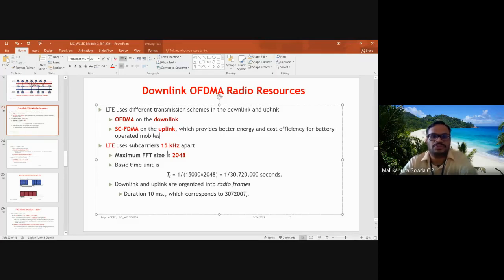With that, the maximum value of FFT allowed is 2048. This is the size of FFT.